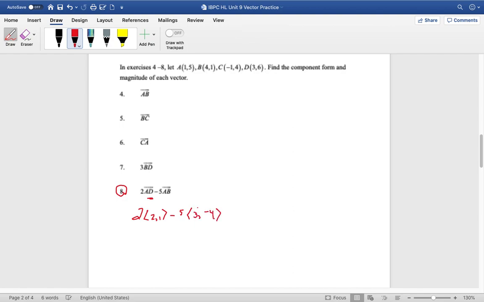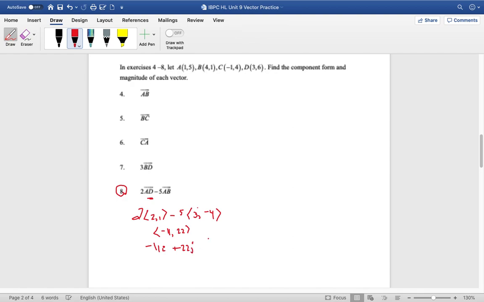So when I did that math, that resultant vector in component form was negative 11, 22. If they had asked me for a sum of unit vectors, I would write that as negative 11 i plus 22 j. They didn't, but just in case, I could write it like that.